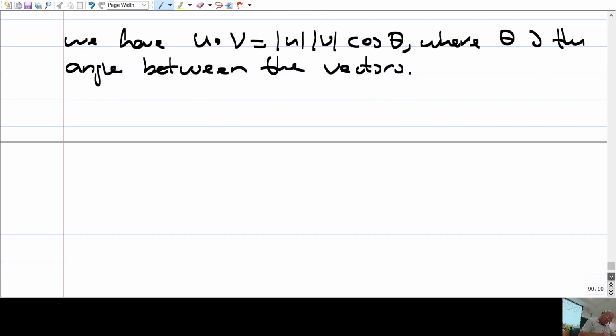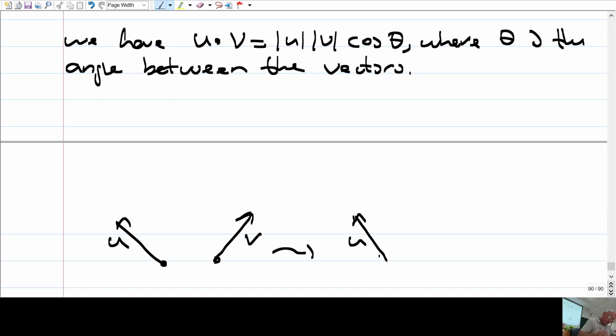Well, suppose u is this vector and v is this vector. What is the angle between them? What I mean is the following. You carry one of them to the other one so that they start from the same point, because I can do that, right? Those vectors are equivalent.